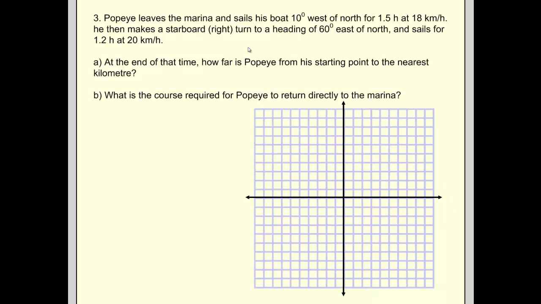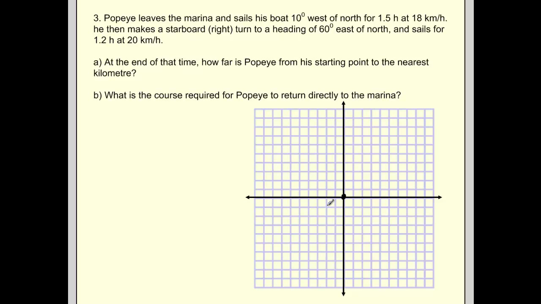When we talk about people sailing in directions, so this says 10 degrees west of north, this is what I mean. Let's say the marina, and when you use this grid down here, I would plot the marina right on the origin right here.